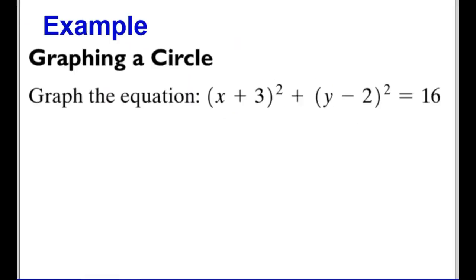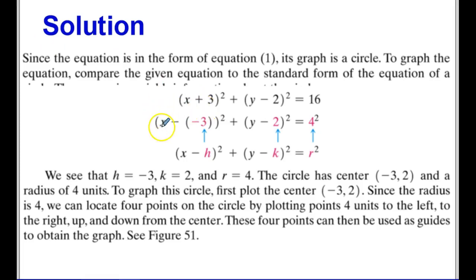Now we're going to be graphing our circle. Here I'm asked to graph this circle. The first thing I want to do is find my center, and then find what my radius is, because once I have those two things, I can easily plot them on my graph. I always want to have my x minus and my y minus.